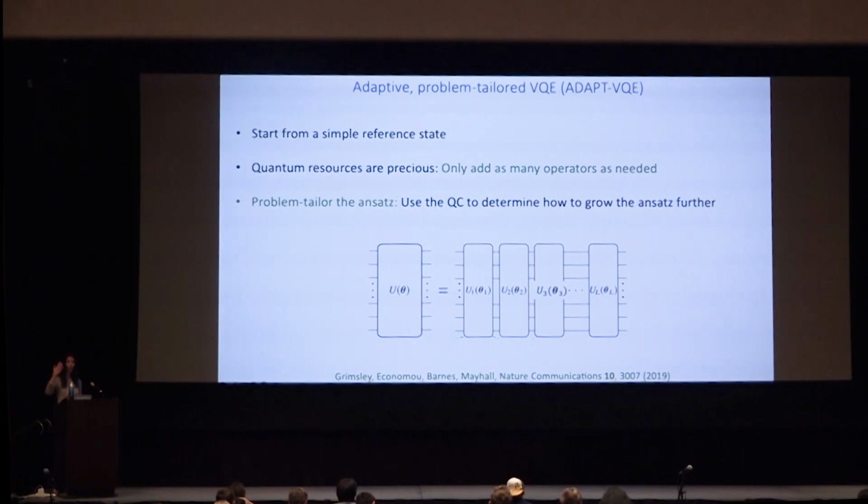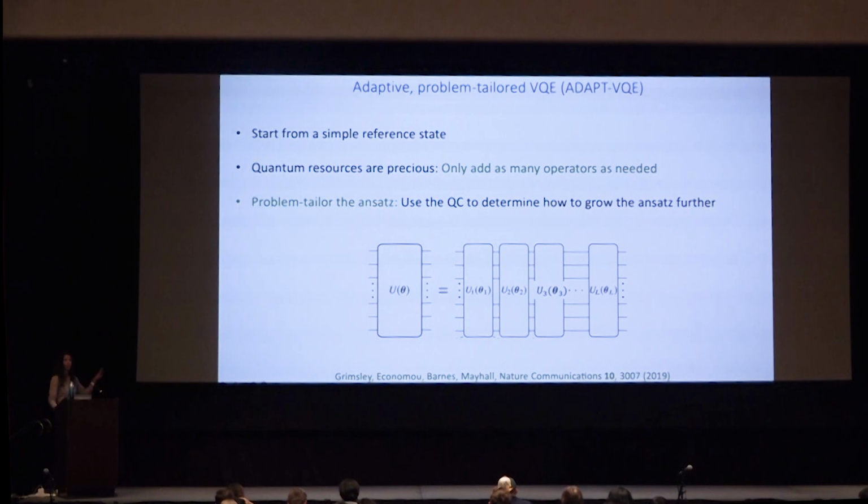So hopefully, as you add these operators, you should converge to the solution you're looking for better and better. So this is a very general idea, and it doesn't have to be tied to variational approaches. It's quite general. But let me go into a little bit more detail about what enters here and what decisions you have to make.